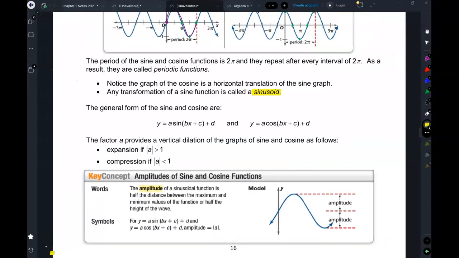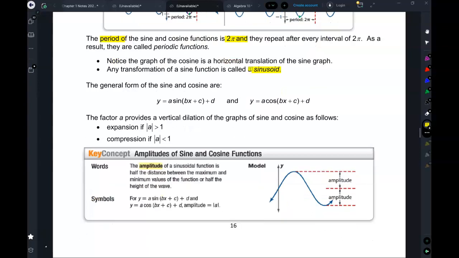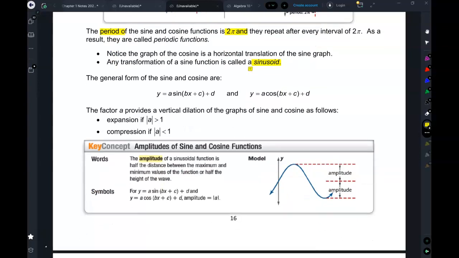We talked about the fact that the period is 2 pi. So here's what a general equation for sine and cosine looks like. You've got factors of a, b, c, and d. Each and every one of those constants has a purpose in the equation, so today we're going to talk about those.